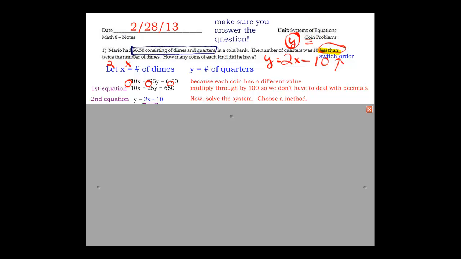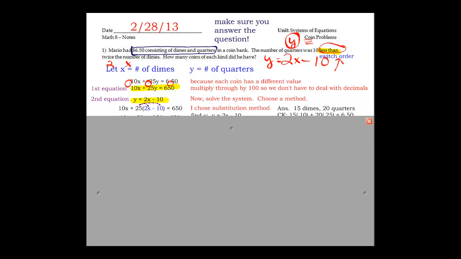And we have to look at these two equations and see which method will work out well. According to how we've been looking at our methods, it looks like substitution will work really well here. So that's how we're going to solve this.